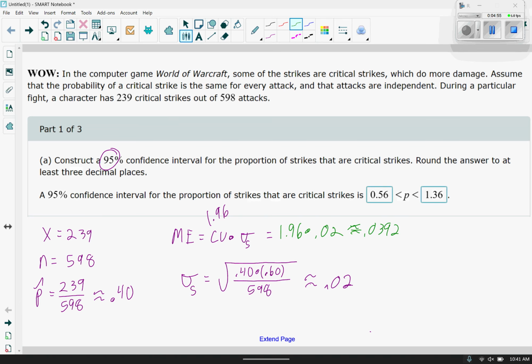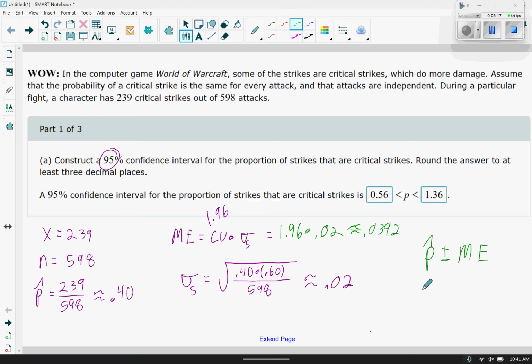0.0392. Okay, so then what you're supposed to do is to find that value. You're supposed to take the p hat value and add and subtract that margin of error. So you're supposed to take p hat and add and subtract your margin of error, and that's what you're going to squeeze this between.